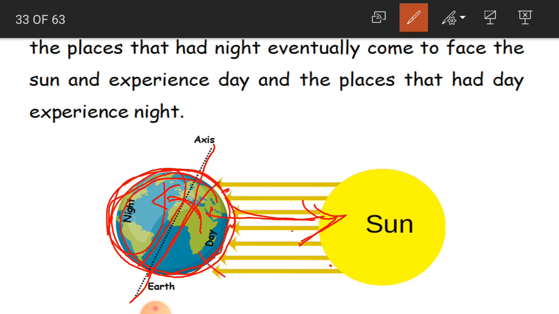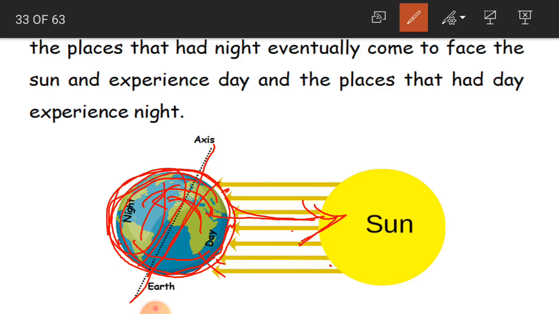Okay, here again these countries are going to come this side and these countries are going to go that side. So they will be having night and here these countries will be having the day. Okay, children, see, if we are having day here, in America and other western countries, they will be having night.